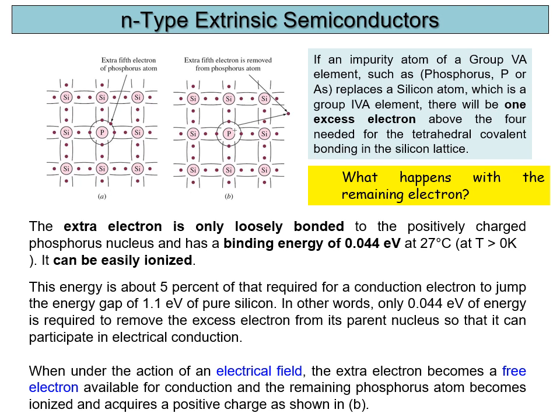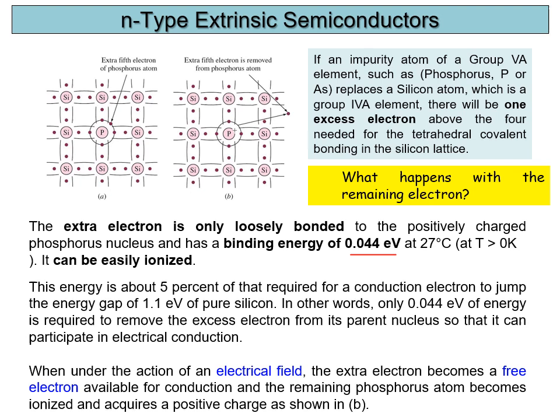What happens with the remaining electron? The extra electron is only loosely bonded to the positively charged phosphorus nucleus and has a binding energy of 0.044 electron volt at 27 degrees C. It can be easily ionized.